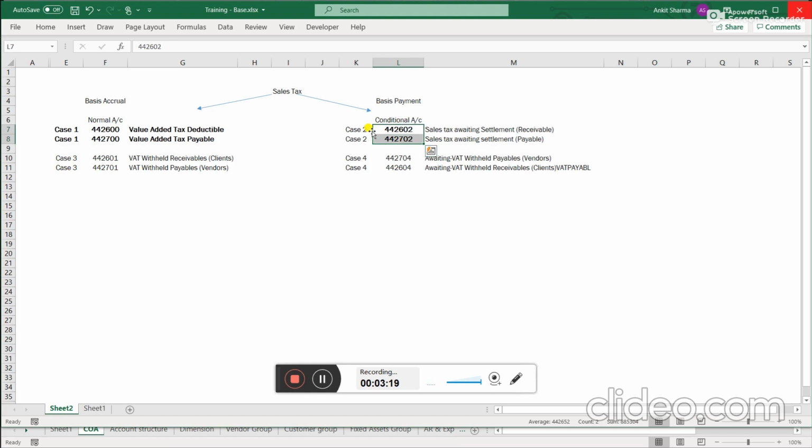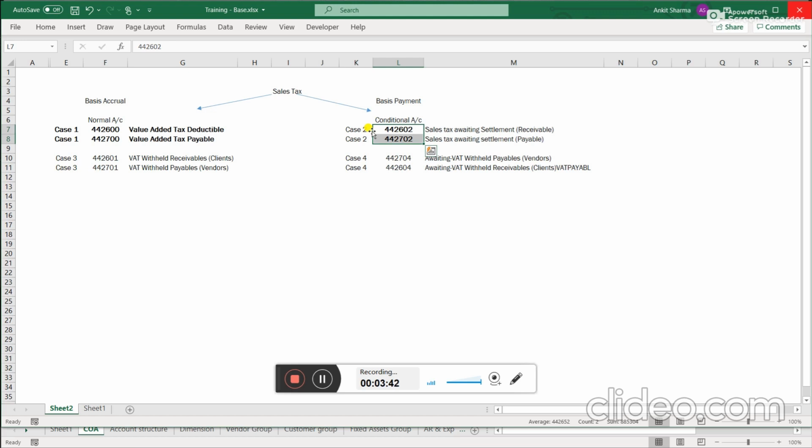When you have the VAT on the payment basis, we use the conditional VAT code, and when we use the conditional VAT code, the system uses this as a temporary account for parking the VAT at the time of invoice, not at the time of payment, but at the invoice.